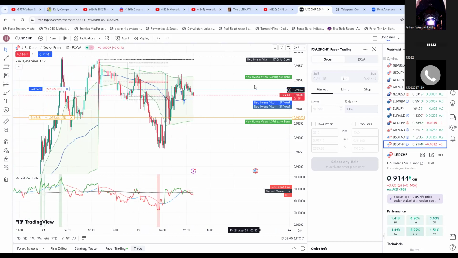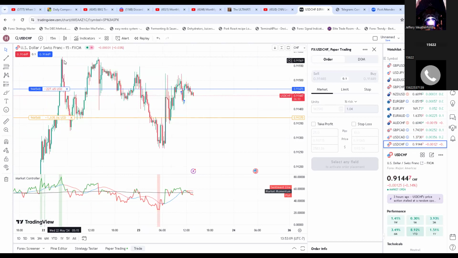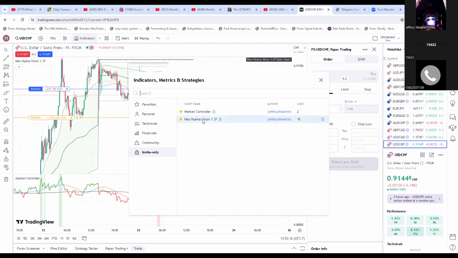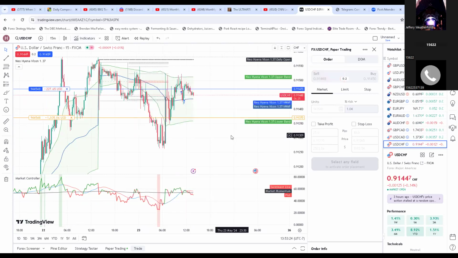Let me actually delete this and bring up Neo Hyena Vision again, because I did just update it, and you are the first one to know about the update. See, did the update come through?